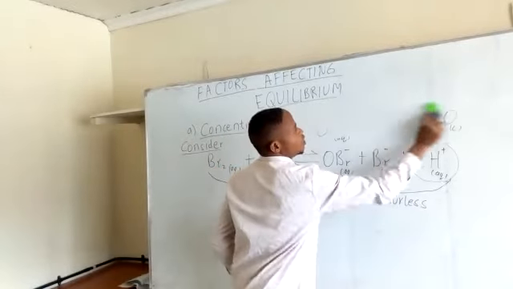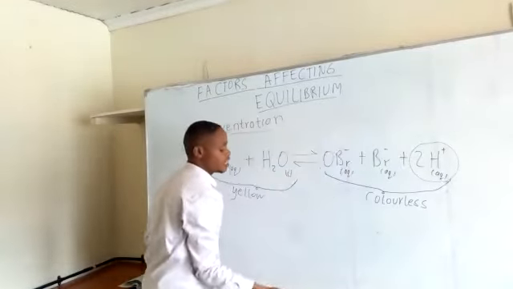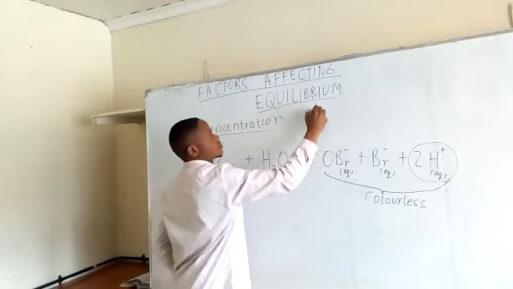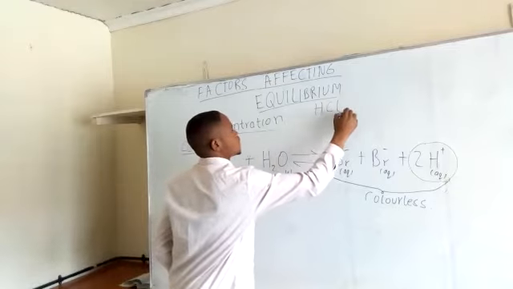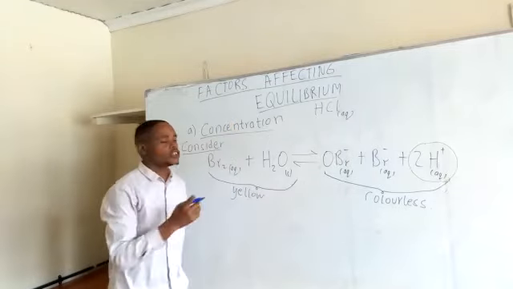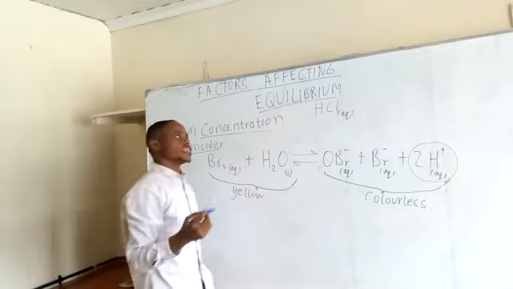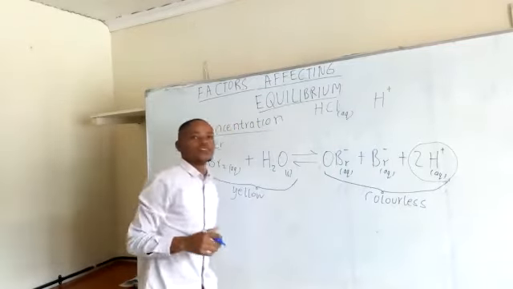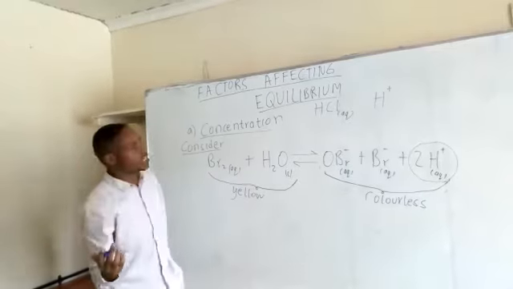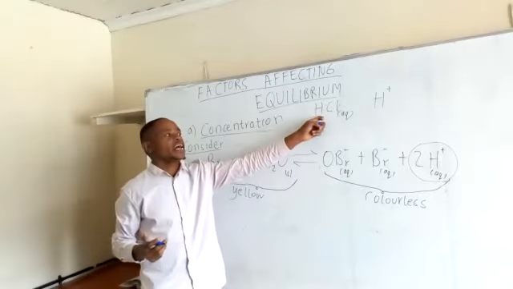So suppose now we add some hydrochloric acid to the system. Introducing this acid will provide us with more hydrogen ions, because this acid will dissociate to give us the hydrogen ions and the chloride ions.